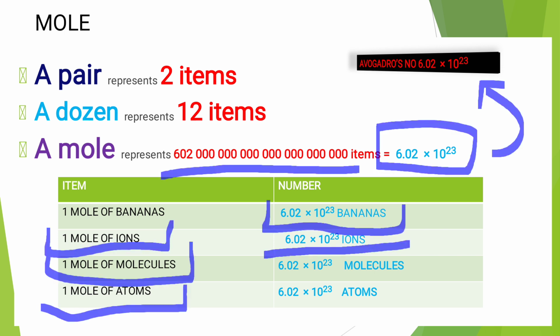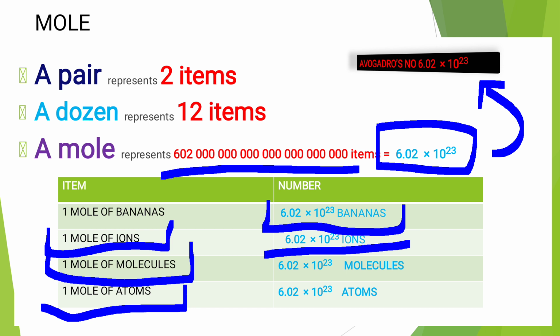And finally, 1 mole of atoms contains 6.02 times 10 to the power 23 atoms, which is now 6 or 2 exillion atoms.